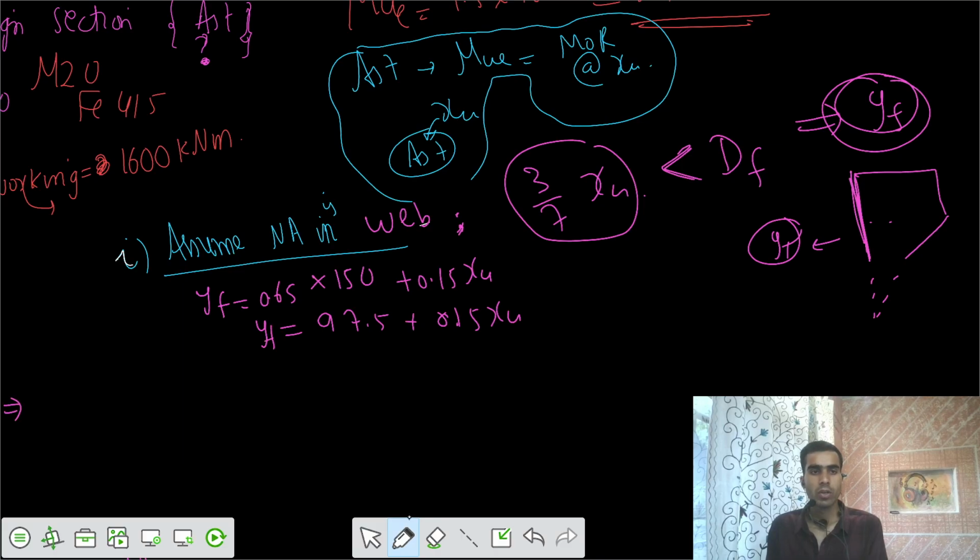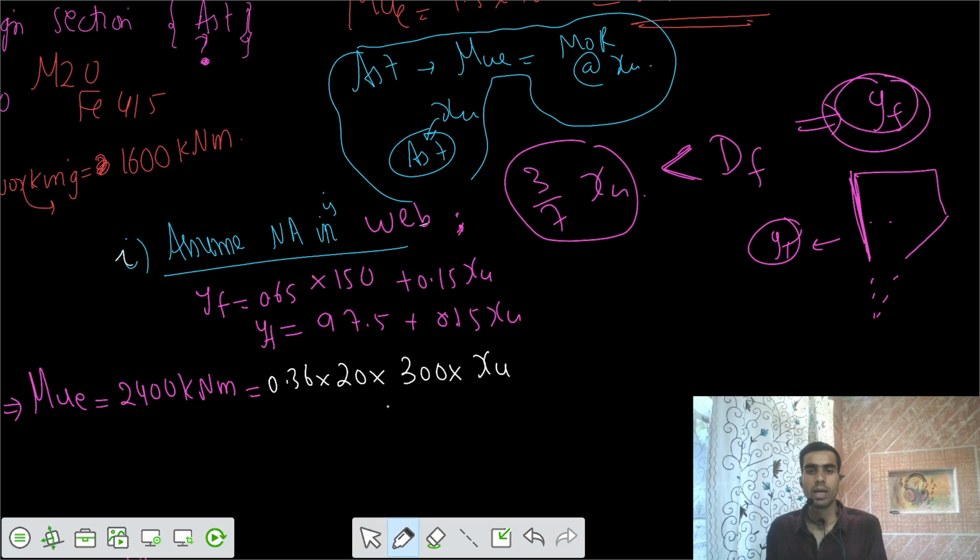So the moment of resistance, I'm going to equate with the external MU, that is 2400 kilonewton meters, and that should be equal to the equation we have, C1 Z1 plus C2 Z2. So 0.36 FCK BW XU into D minus 0.42 XU, where D is actually 900.